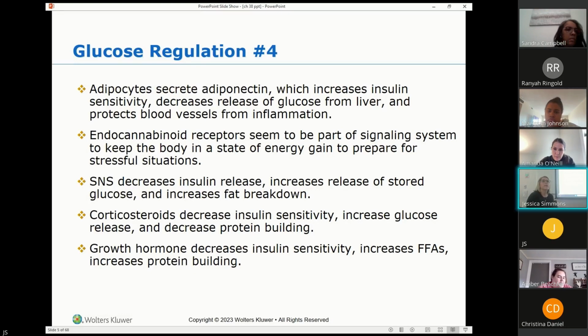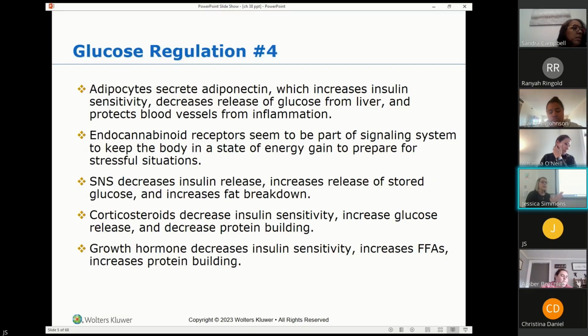Corticosteroids decrease insulin sensitivity, increase glucose release, and decrease protein building. This is when we have too much cortisol, too much stress, okay? Our bodies are resistant to insulin. We are becoming less sensitive to insulin.